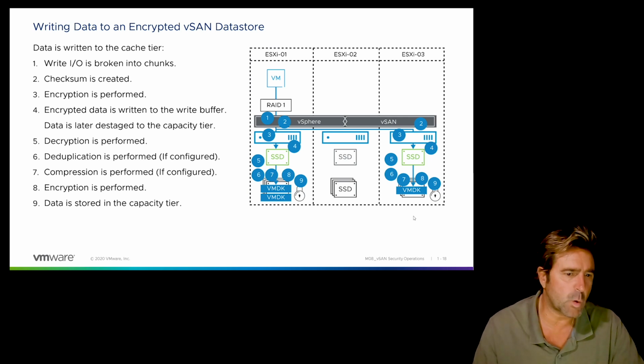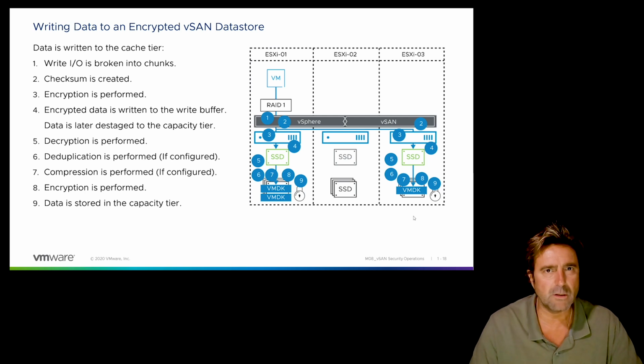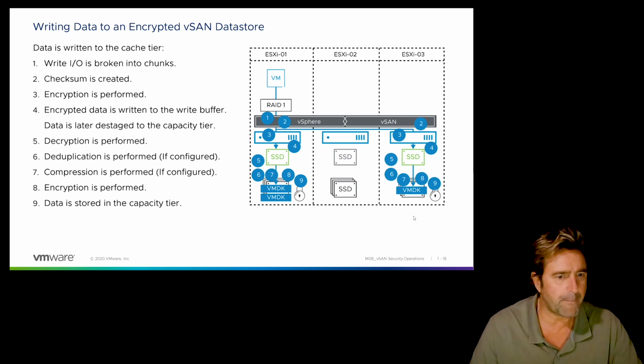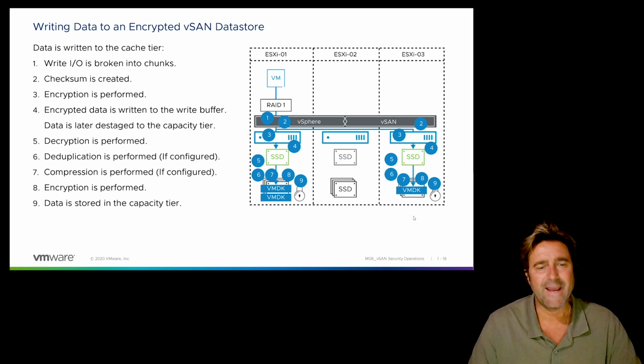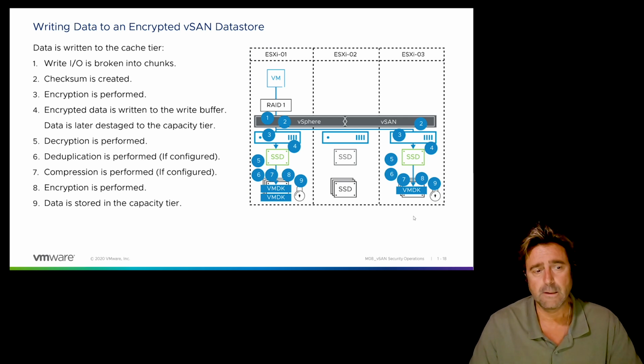You can see then encryption is performed. Remember, data always goes to the cache tier first. And then from there, it moves to the capacity tier. So you can see it says encrypted data is written to the write buffer. Notice then, as we're ready to destage data to the capacity tier, decryption is performed.